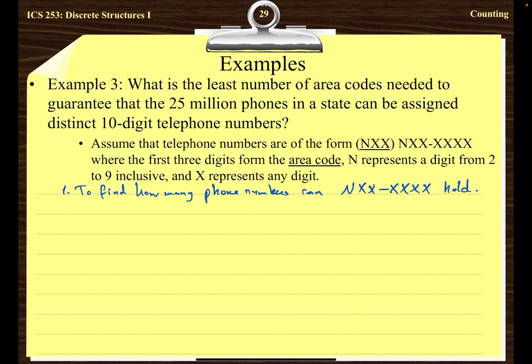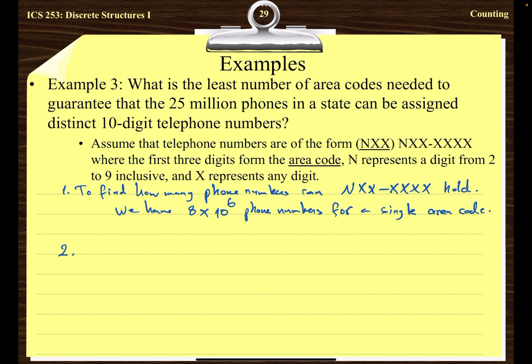The first digit is from 2 to 9, which gives 8, since 9 minus 2 plus 1 is 8. And the other 6 digits are 10 each. So we have 8 multiplied by 10 to the power 6 phone numbers, and this is for a single area code.